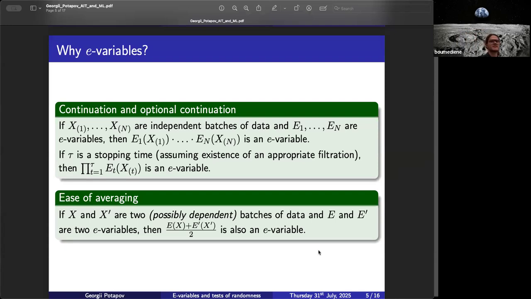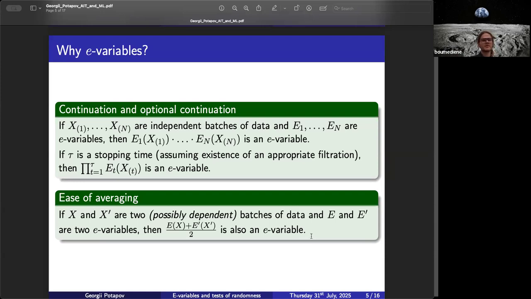So why exactly would we like to study e-variables? One possible answer is that they're quite nice to work with. For example, if we have independent batches of data, for example, gathered in different experiments, then we can gather all e-variables produced in the experiments, and just multiply them, and what we get would be another e-variable, which is nice.